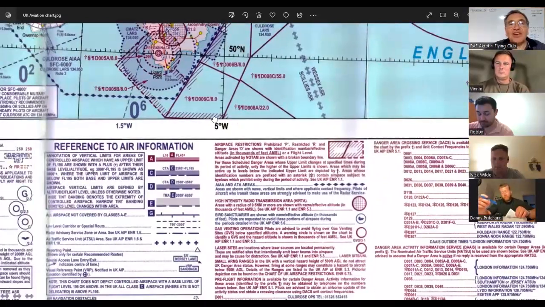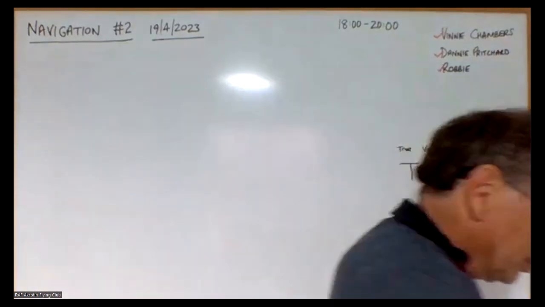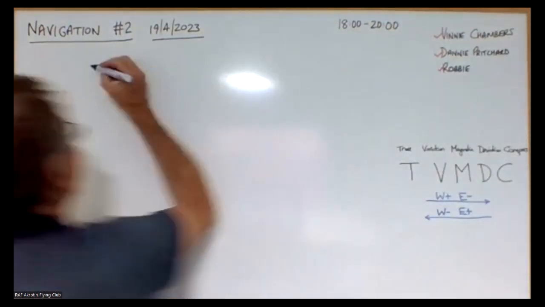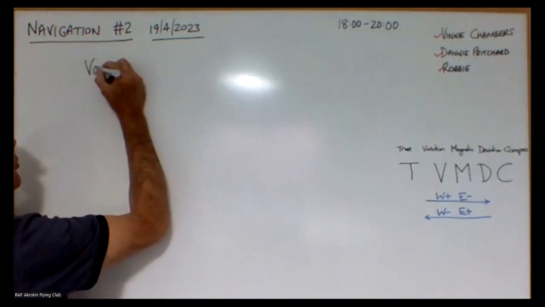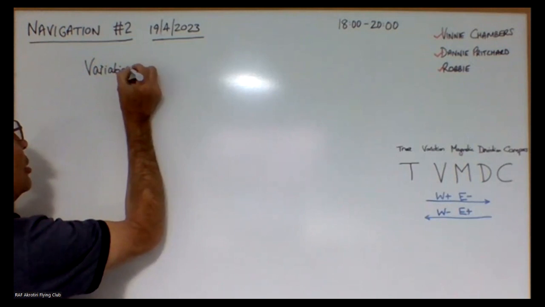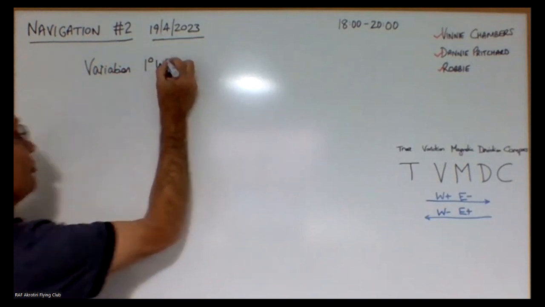So if I'm flying around in Wales, I'm going to be having a variation of 1 degree west. So the variation is 1 degree west.